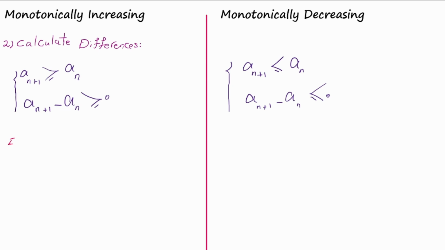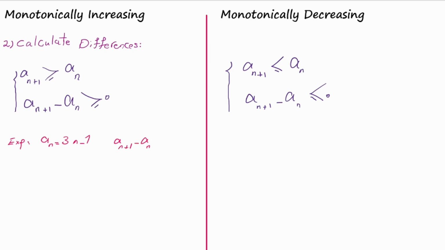Now let's take the sequence a sub n equal to 3n minus 1 as an example and determine whether it's monotonically increasing or decreasing. To do this, we will calculate a sub n plus 1 minus a sub n.